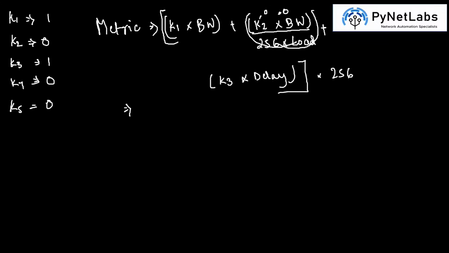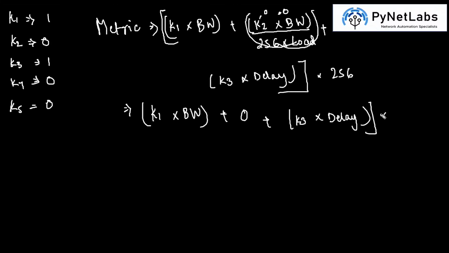Okay, great. So now we are left with K1 multiplied by bandwidth plus 0 for this part, then K3 multiplied by delay, and the whole of this formula gets multiplied by 256. Now considering the value of K1 and K3 as 1, we get bandwidth plus delay multiplied by 256. Is it clear till now?